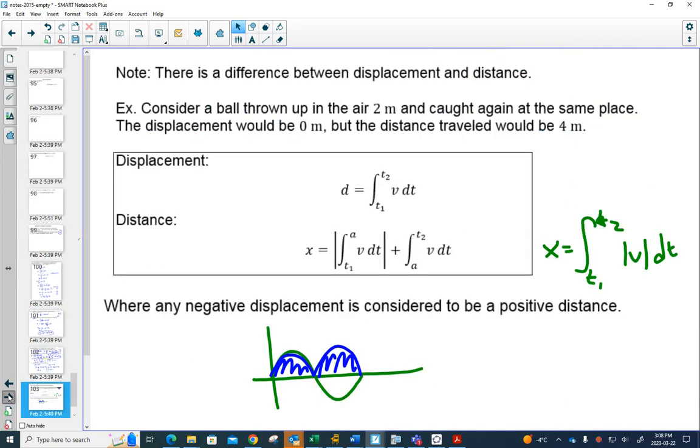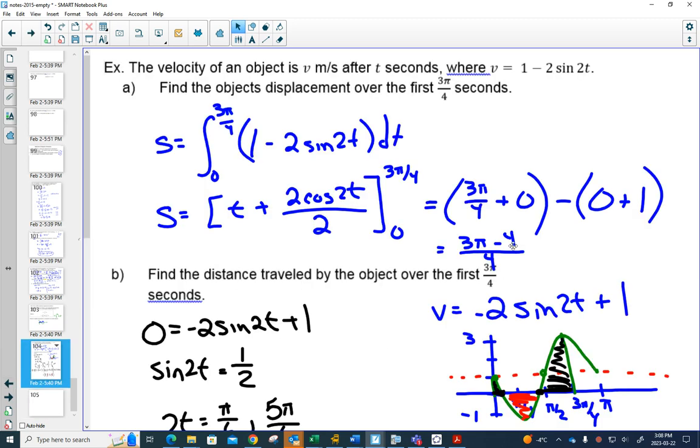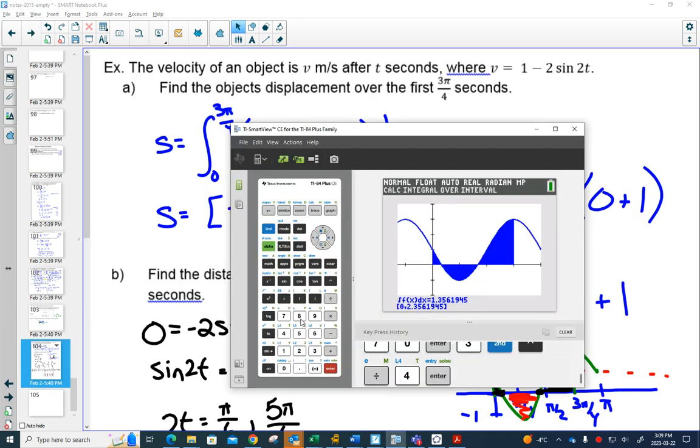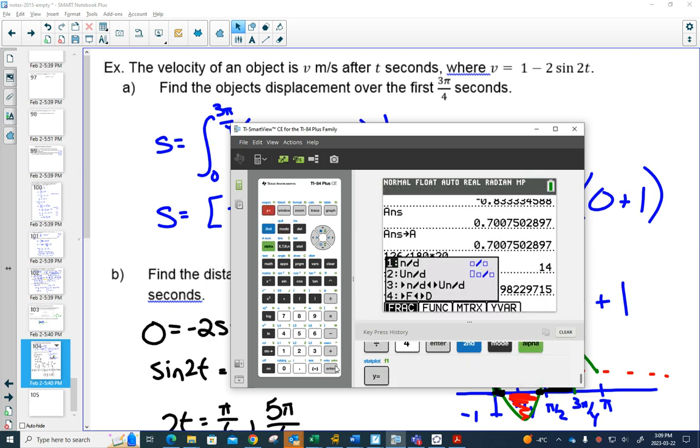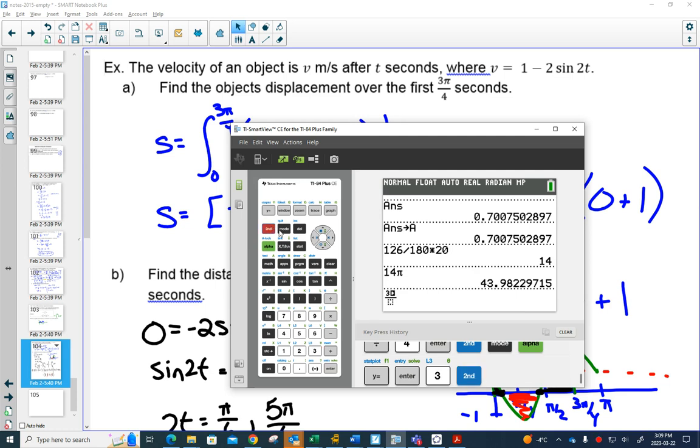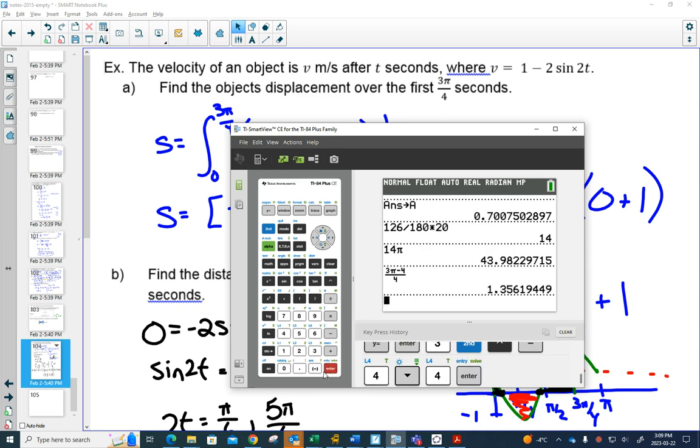Oh, we got 3 pi minus 4 over 4. So I'm just going to double check if we have the same answer. Yay! Okay, that's at least a little bit exciting because part B was going so terribly. Things weren't working out.